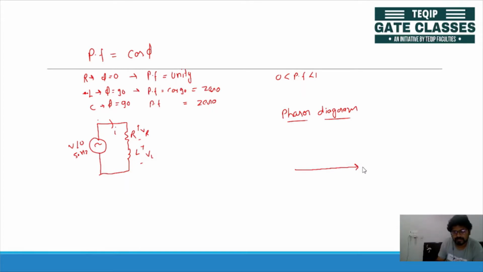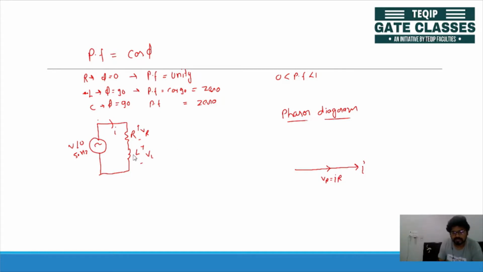Let's say this is I, because the current is the same in R and L. So if this is the current phasor, what will be the phasor of VR, the voltage drop across a resistor? We know that the voltage across a resistor will be in phase with the current flowing through it. So this VR, that is I into R, will be in phase with this current.